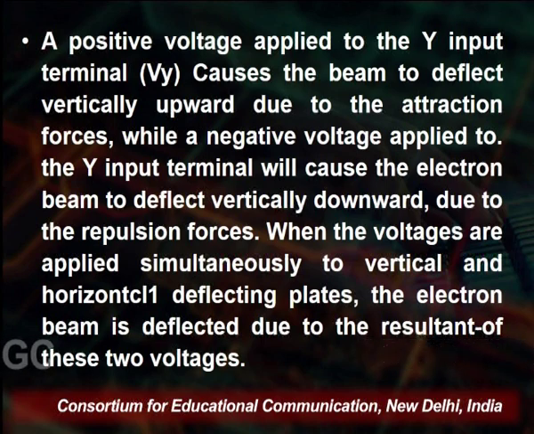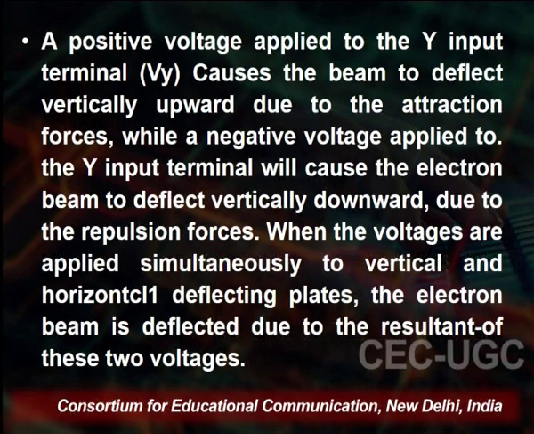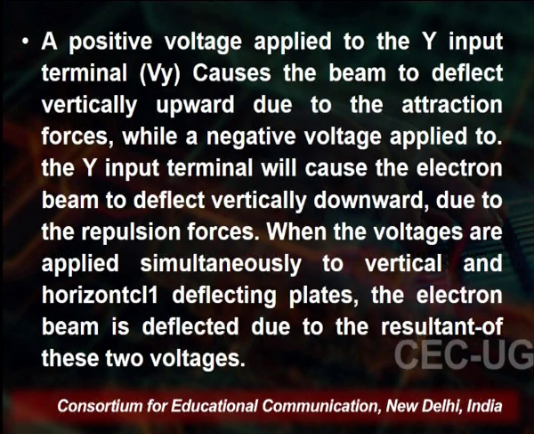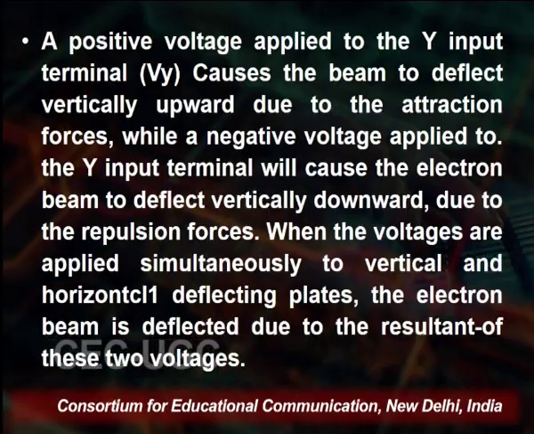So, in the previous case we have attraction, and in the repulsion case the deflection is towards the downwards. When voltages are applied simultaneously to the vertical and horizontal deflection plates, the electron beam is deflected due to the resultant of these two voltages.